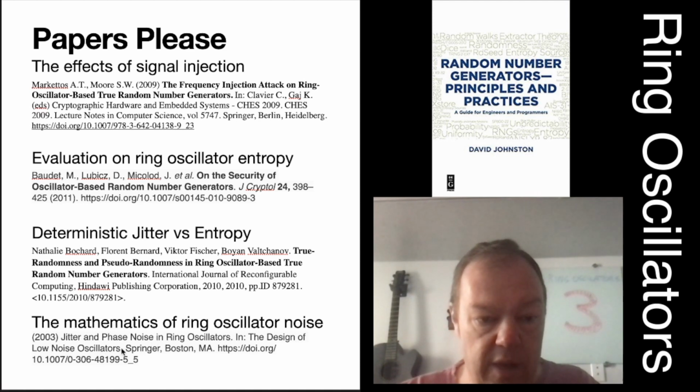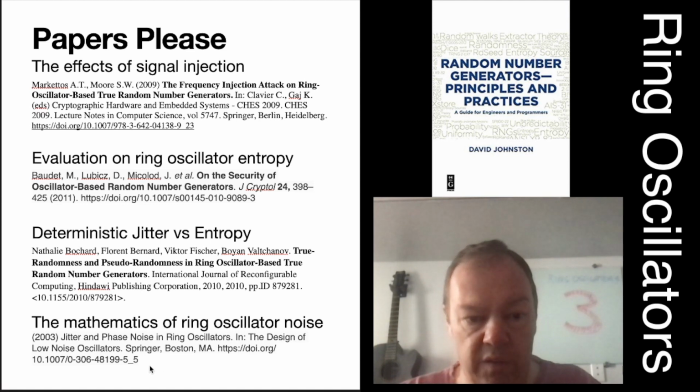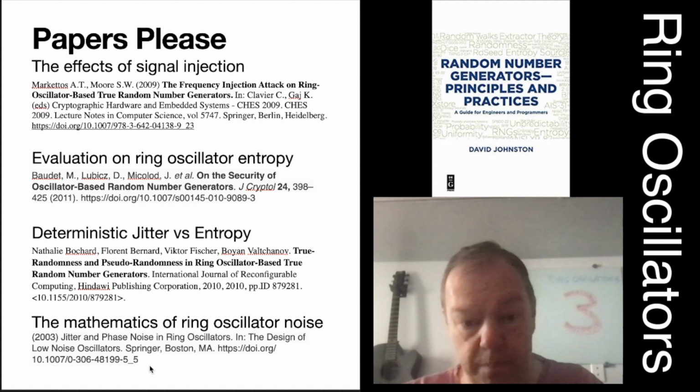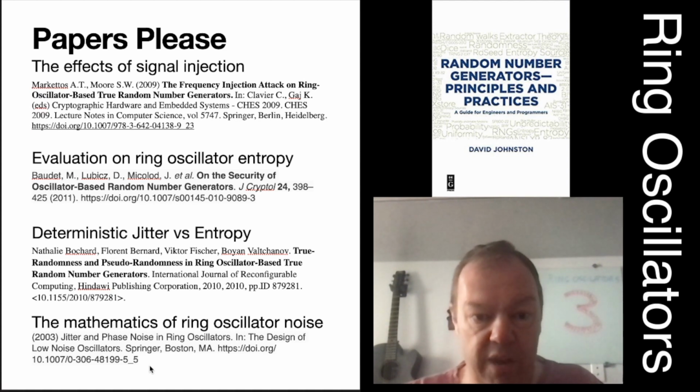And there's another paper here. This is in 2003. It's a lot earlier than the active research on ring oscillator characterization. This is 2009, 2011, 2010. Here, this is 2003. And this is not a paper, this is a book, but it's a book about creating oscillators.